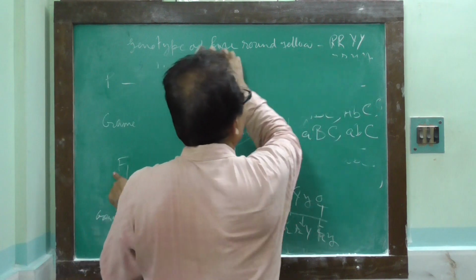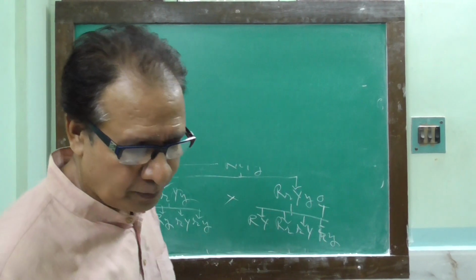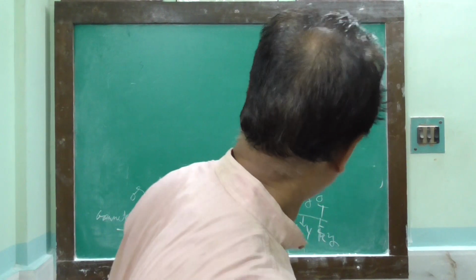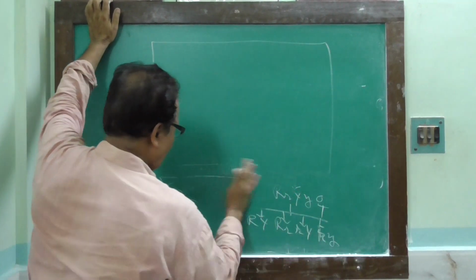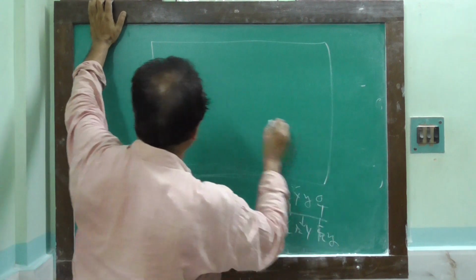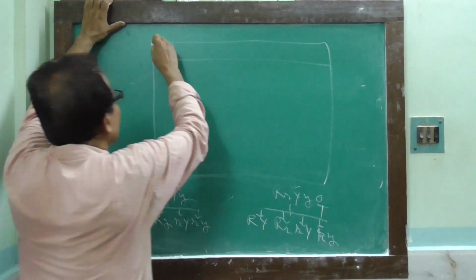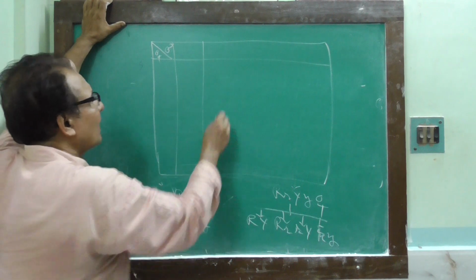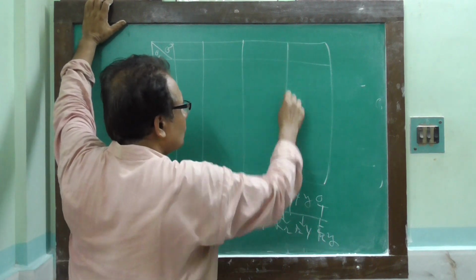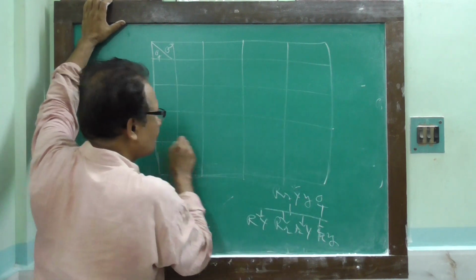Now come to the cross. 4 types of gametes are formed, so 4 into 4, 16 combinations will be produced. So you draw the checkerboard. It is the placement for gametes, male and female, 1, 2, 3, 4.